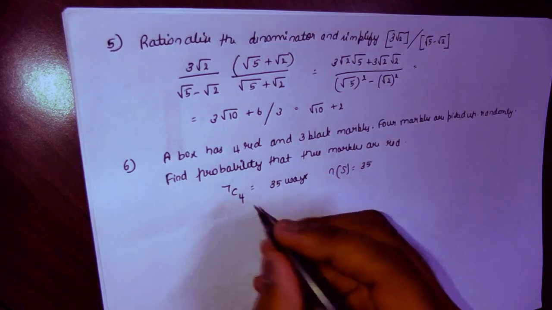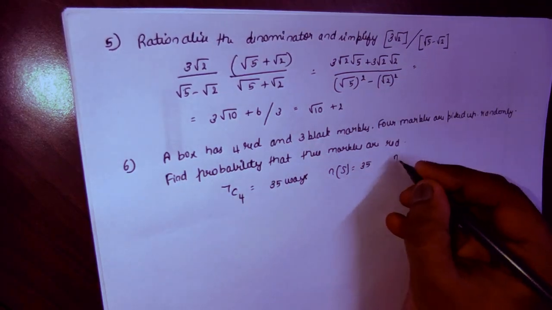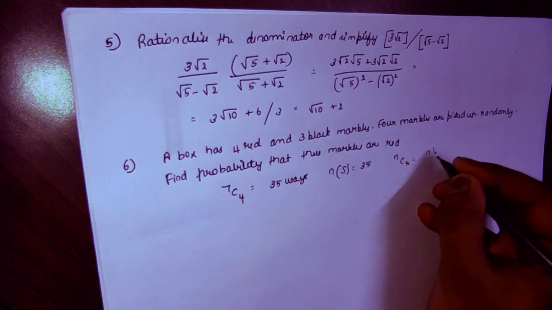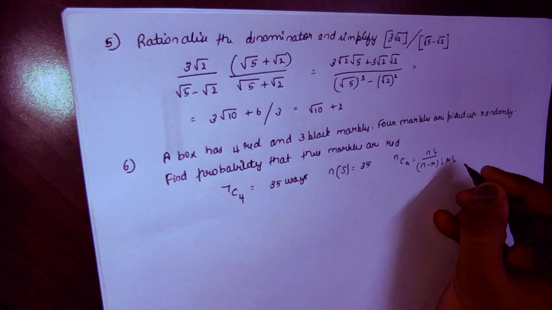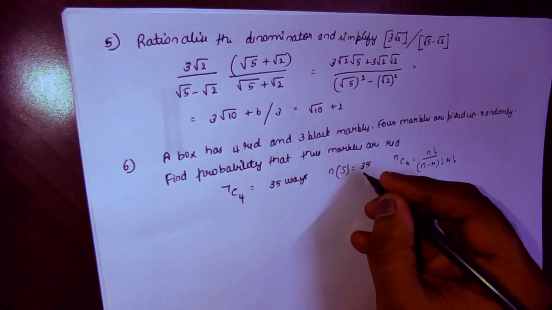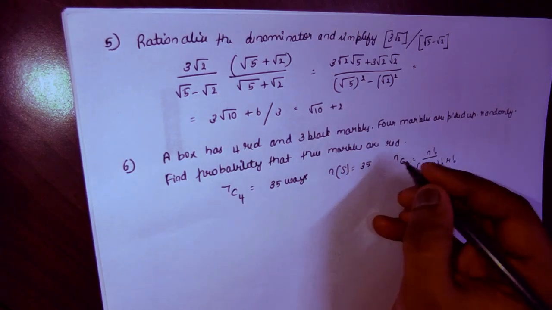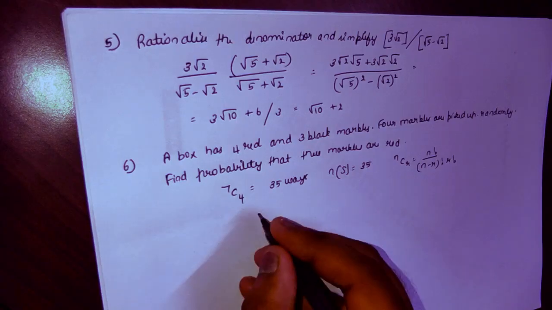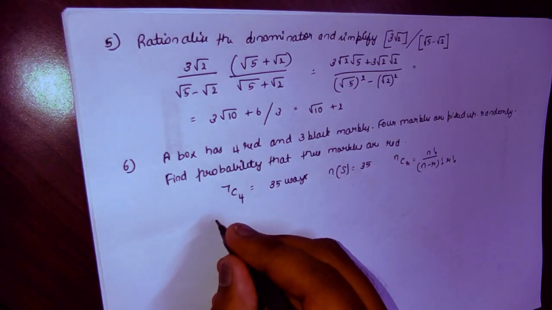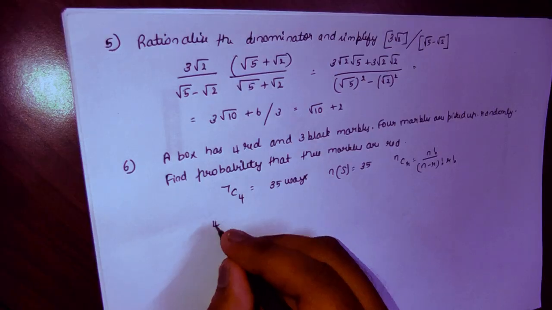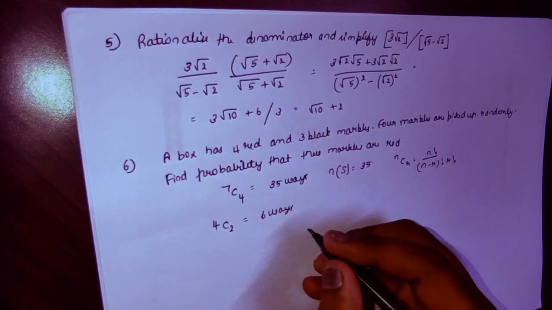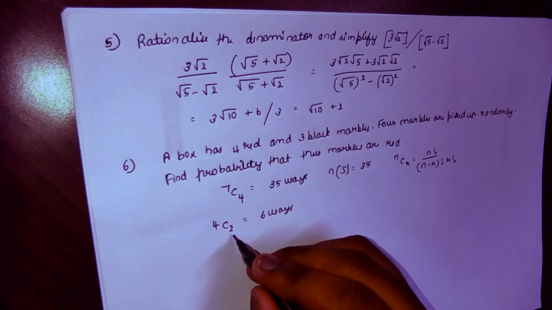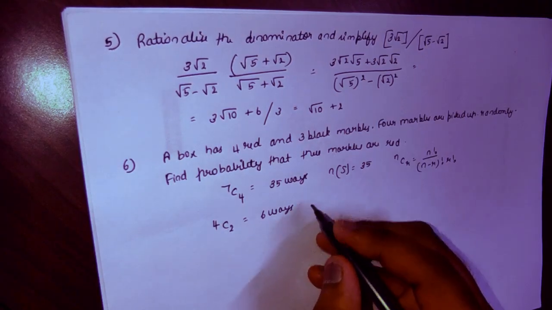We know this is the nCr formula. nCr is n factorial divided by n minus r whole factorial into r factorial. When you substitute, you will get 35. So 2 marbles out of 4 red marbles. There are 4 red marbles. Out of those, 2 red marbles can be picked in 4C2 ways, that is 6 ways. And when 2 red marbles are picked, the other 2 must be black.